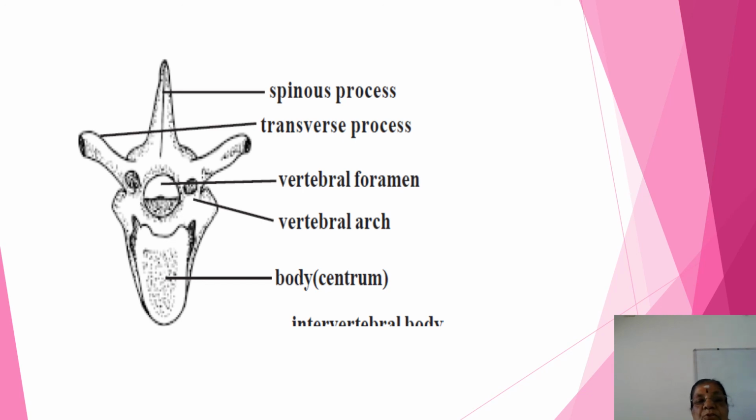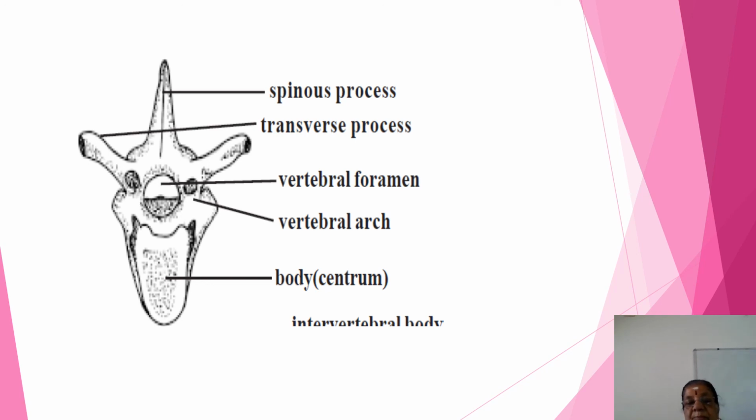The 3 points are the middle spinous process and the 2 sides are transverse processes. I repeat, the centrum is branching into 3 arcs like this, more or less a cone shape, with the center spinous process and 2 transverse processes.